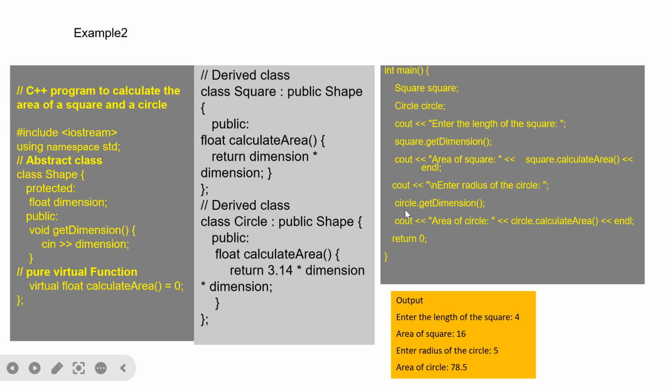Using the circle object, I'm calling get dimension, so that the data I need for the circle I can collect, and then circle dot calculate area, so that the circle class function calculate area will start executing, so that we'll get the answer: enter the length of the square, area of the square, also enter the radius of the circle and area of the circle.